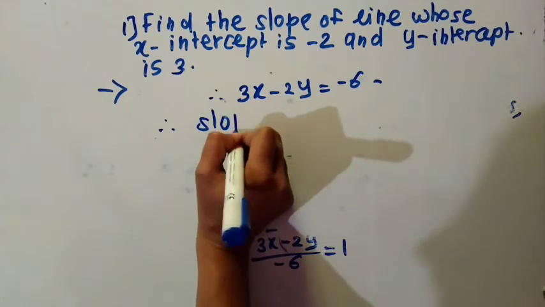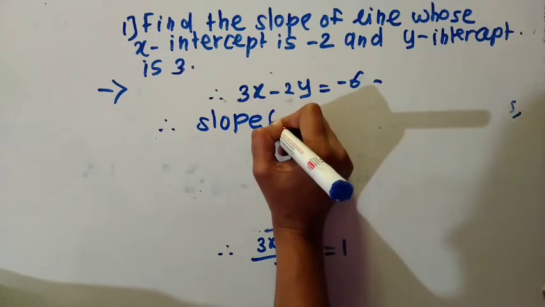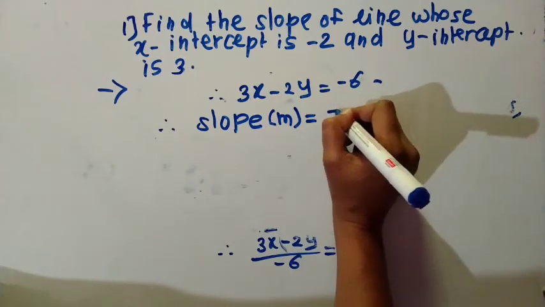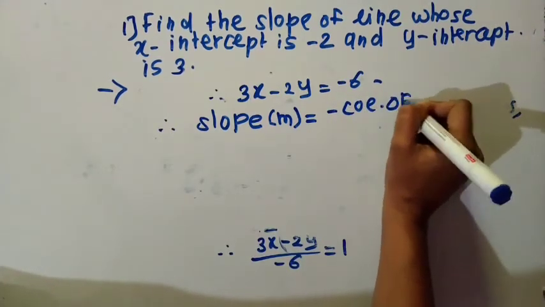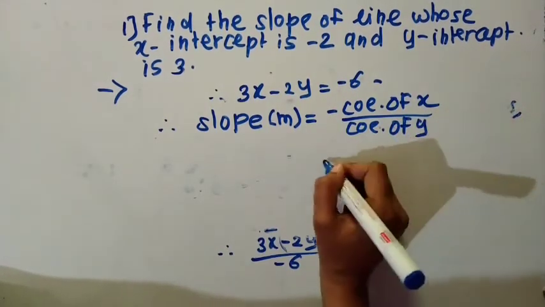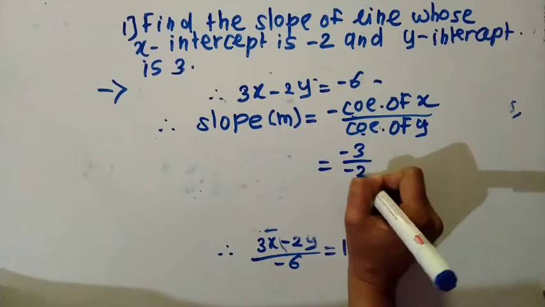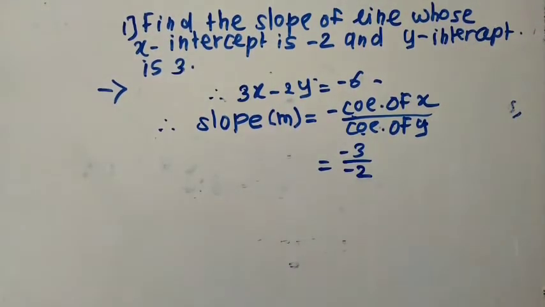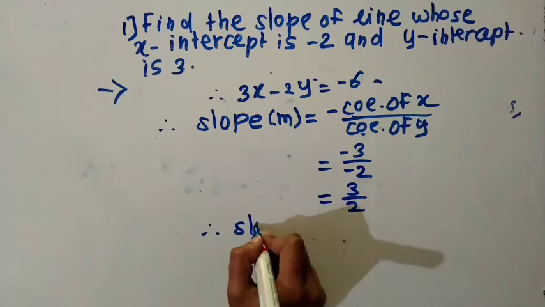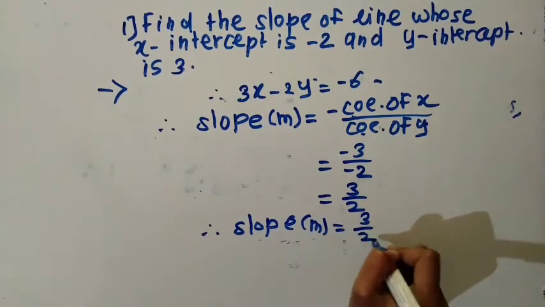And slope of line is minus coefficient of x upon coefficient of y. So here coefficient of x is 3, coefficient of y is -2, and so we get slope m is equal to 3/2.